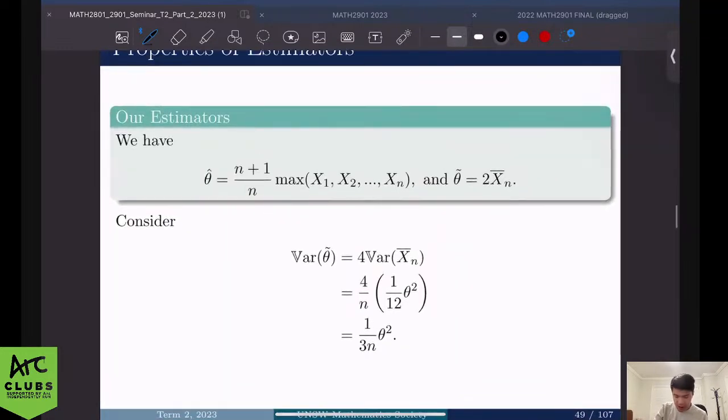Now, let's do the variance of the second one. So variance of 2 times the mean is going to be equal to 4 times the variance of the mean. Remember, we square any constants when we take them out of the variance operator.